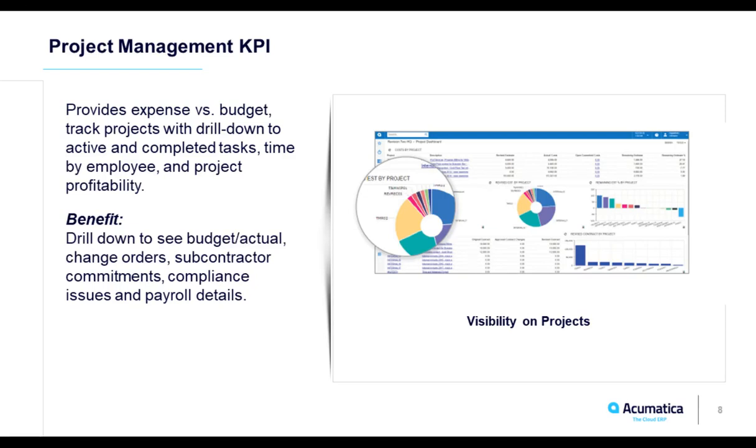So again, from a project management perspective, we can track a lot of different key performance indicators, things like expense versus budget, drilling down to active and completed tasks, depending on how your work breakdown structures are set up from a parent-child relationship in the project, being able to track material by task, time by employee, or even project profitability from a whole, or at that task and cost code level, even down to the sub-job and schedule of value level.